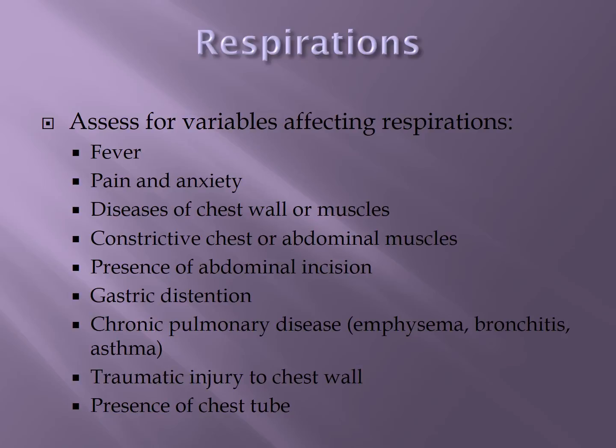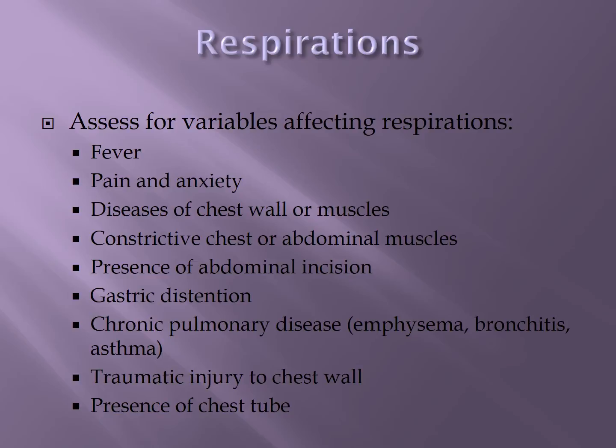And then atelectasis can occur, because when they take a deep breath, it causes them pain, and they don't want to be in pain. Gastric distension, if their belly is full of air, they're not going to be able to take a deep breath because they cannot flatten out that diaphragm.